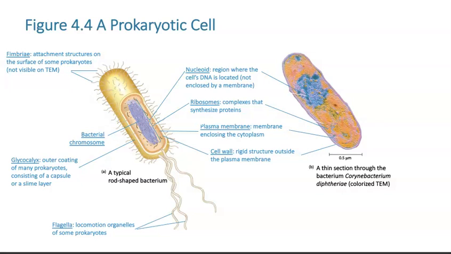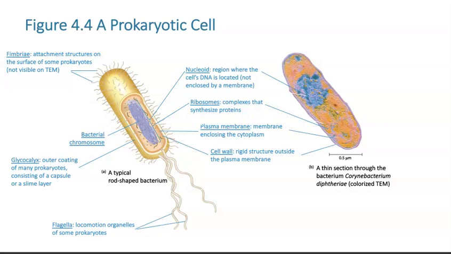It's just wherever the DNA happens to be, that's what we call the nucleoid region. So here, there's the nucleoid region, because that's where the DNA is. We can also talk about the cytoplasm or cytosol, but it's not labeled on this picture.